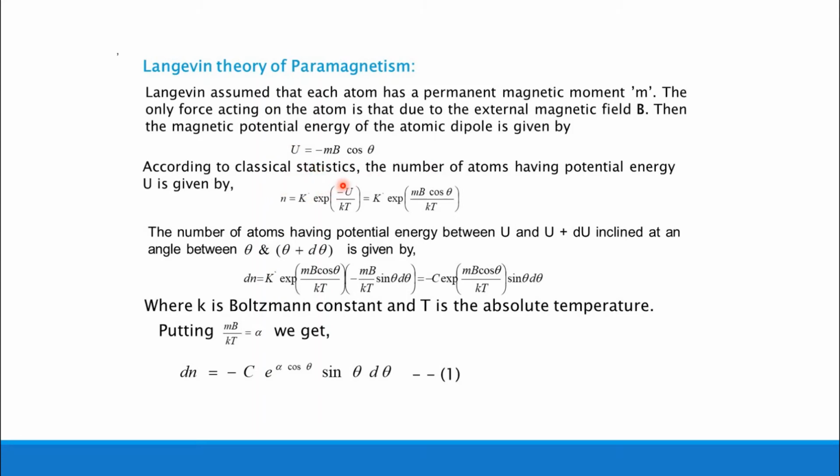According to classical statistics, the number of atoms having potential energy U is given by n = k exp(-U/kT) = k e^(mB cos θ/kT).